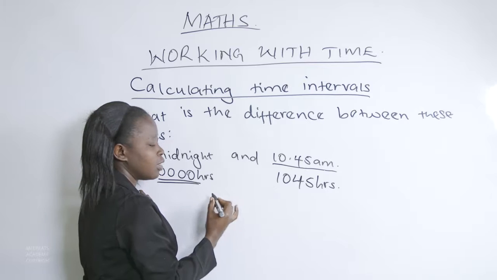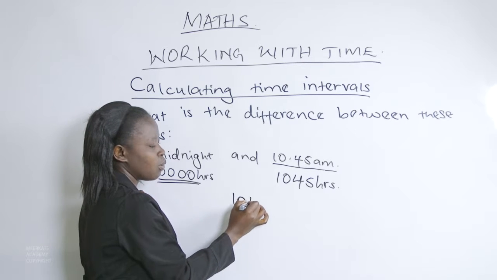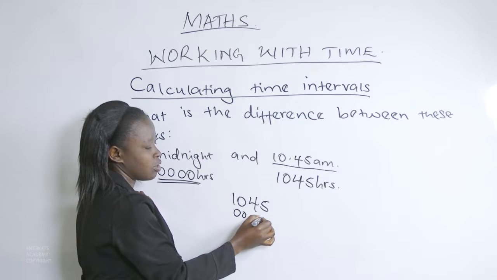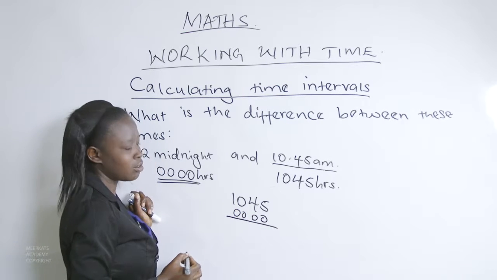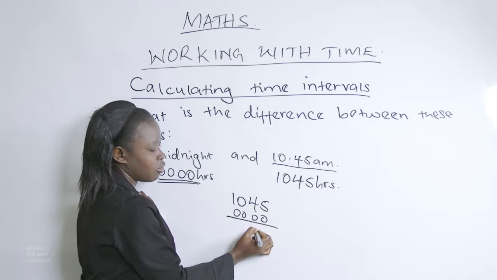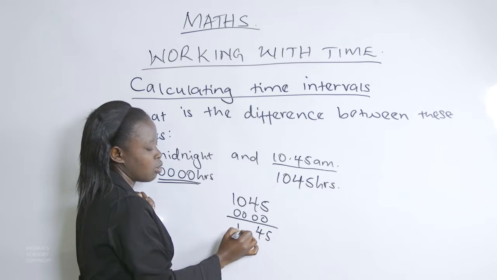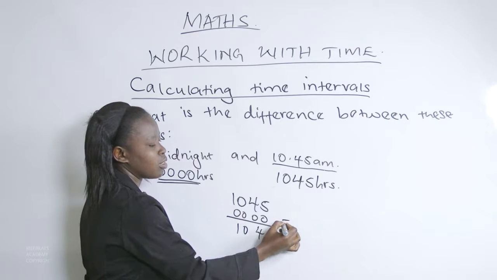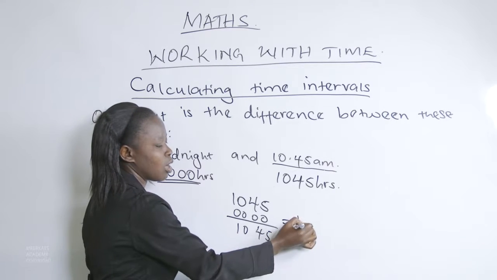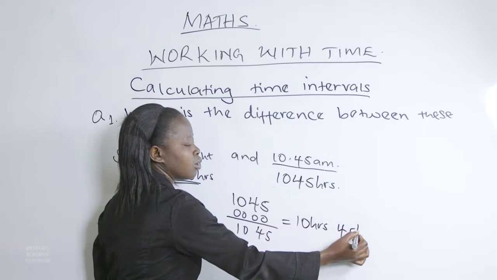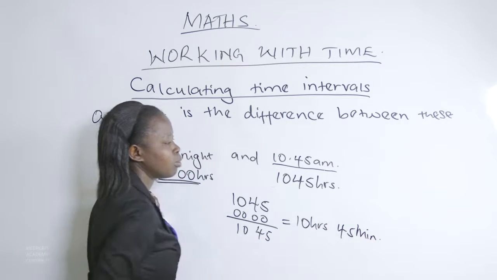The difference will be 10:45 hours minus 00 hours, so 45 minutes minus 0 is 45, and 10 minus 0 is 10. So the difference is 10 hours, 45 minutes.